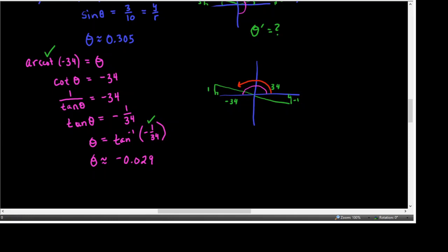Tangent inverse on the calculator will always give you an answer that's between negative pi over 2 and pi over 2. But we're supposed to find arc cotangent of a number, and that has to be an answer between 0 and pi. So consequently, to make this work out, I hope you realize that this answer, negative 0.029, is collinear. So if you extend this ray out and this ray out, that's a line.